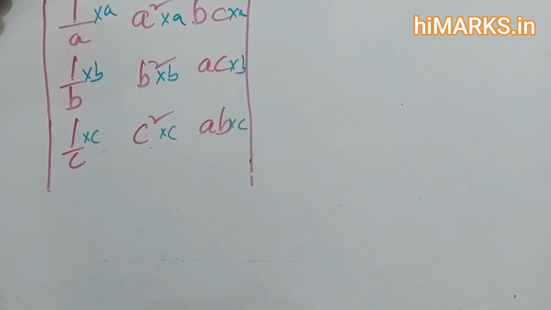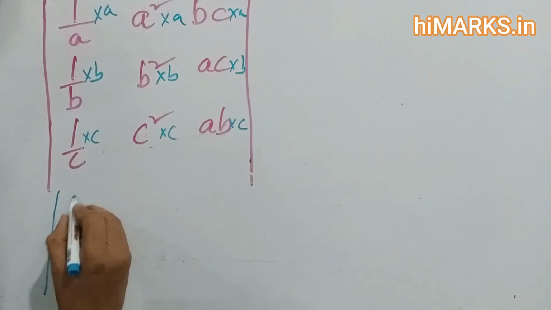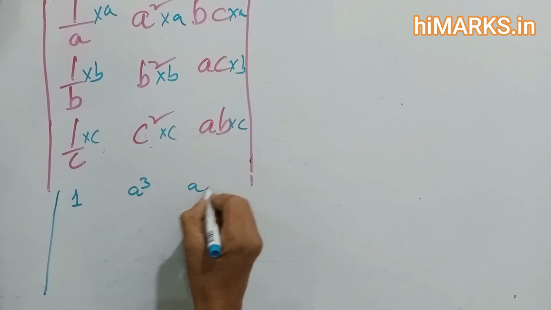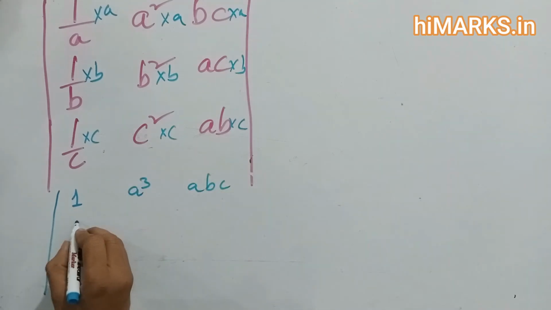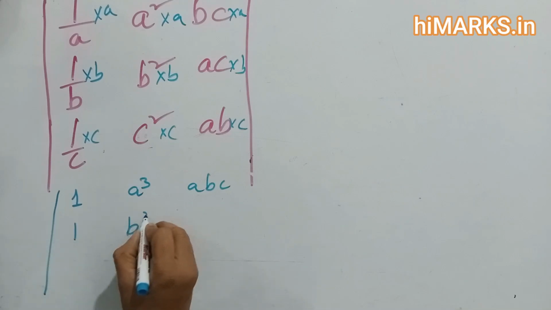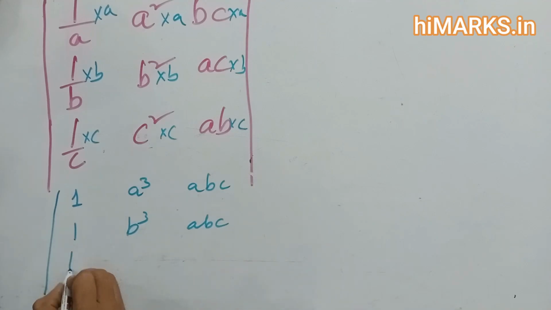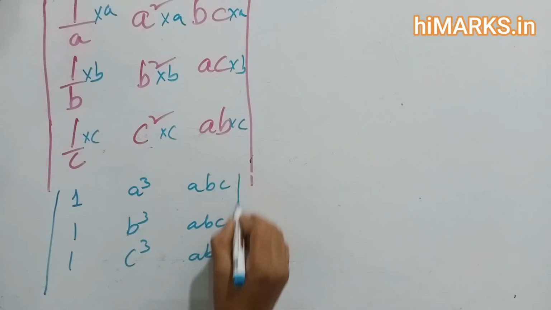Then this row will be 1, aq, abc; 1, bq, abc; 1, cq, abc.